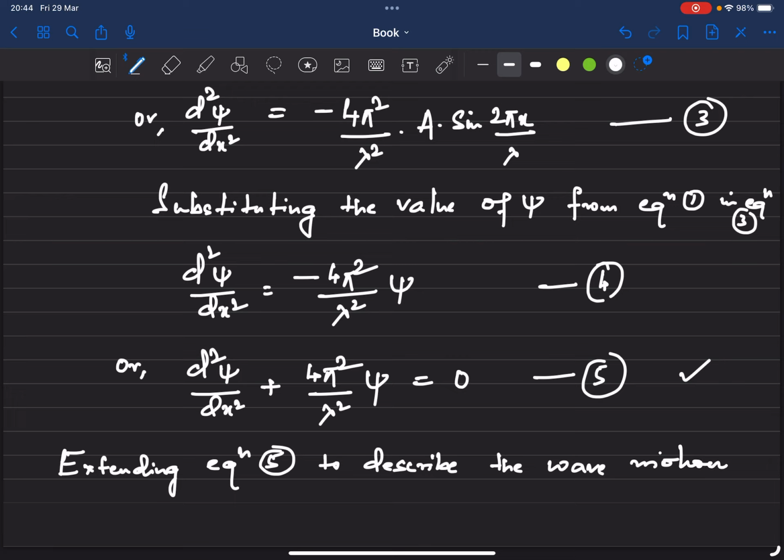Remember, we are considering the electron as a wave besides being a particle, and we are trying to find out an equation which can describe the wave property of the electron. Okay, so describe the wave motion of the electron in 3 dimensions.